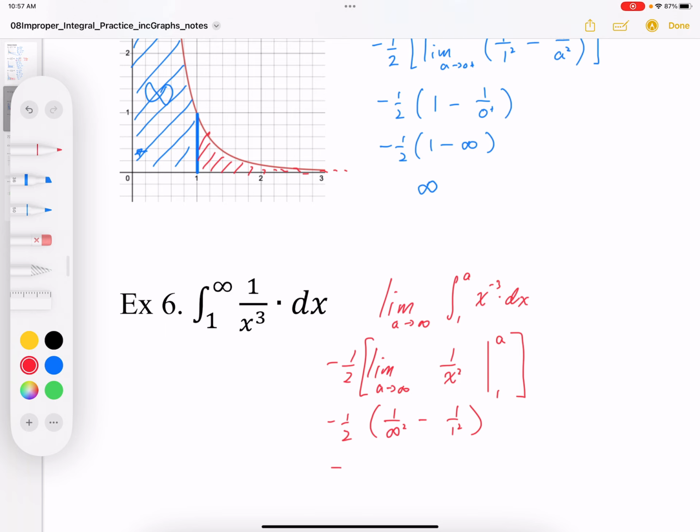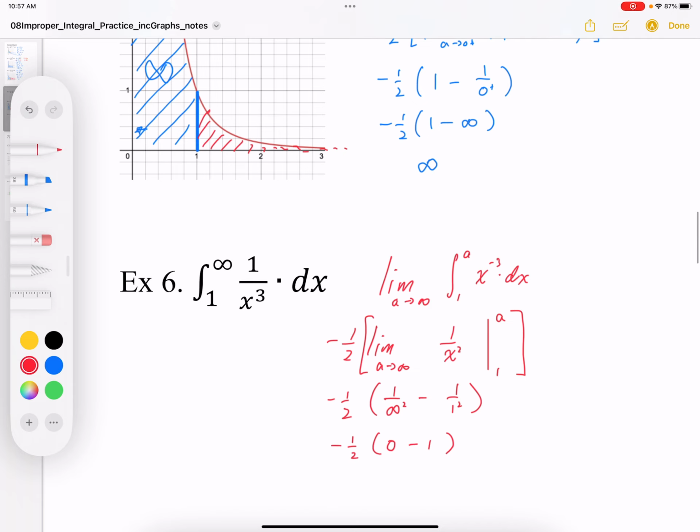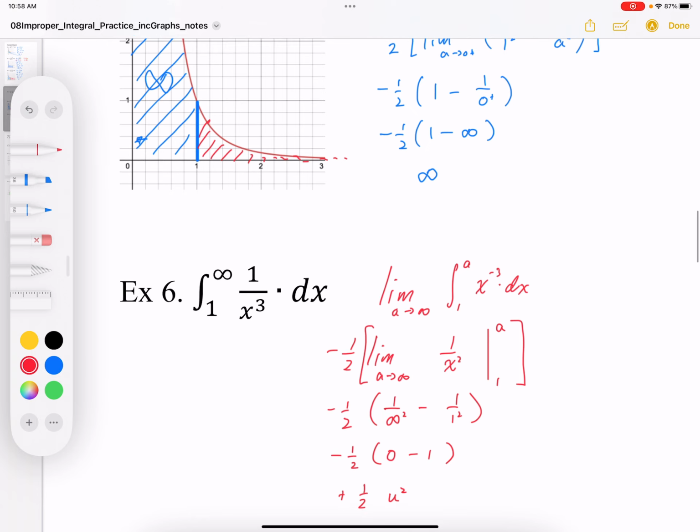So I'm going to end up with negative 1/2 times 0 minus 1. Negative 1 times negative 1/2 gives me positive 1/2 units squared as my area. So that area to the right-hand side here is 1/2 units squared.